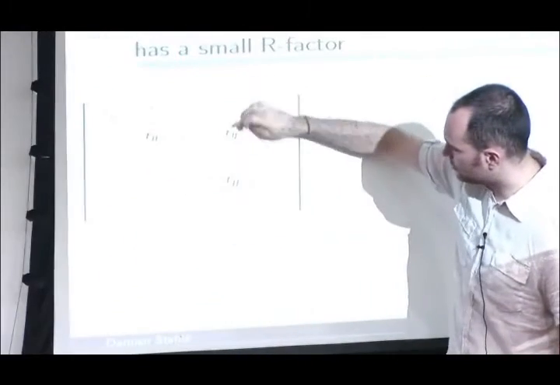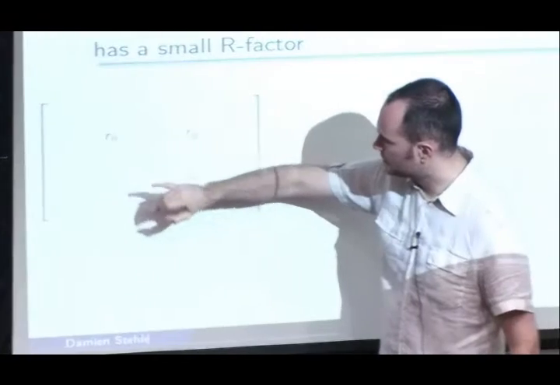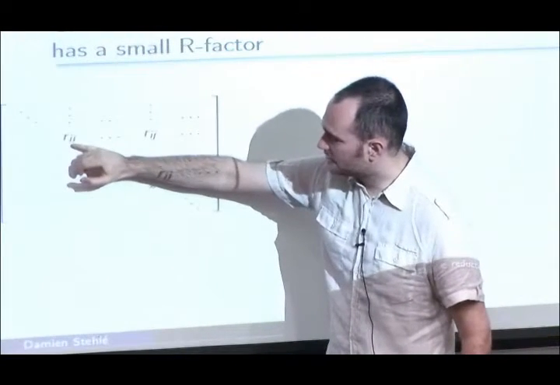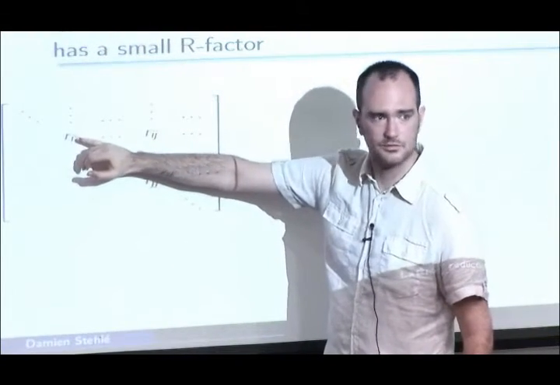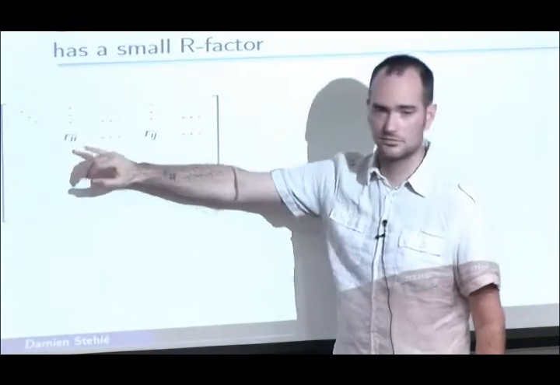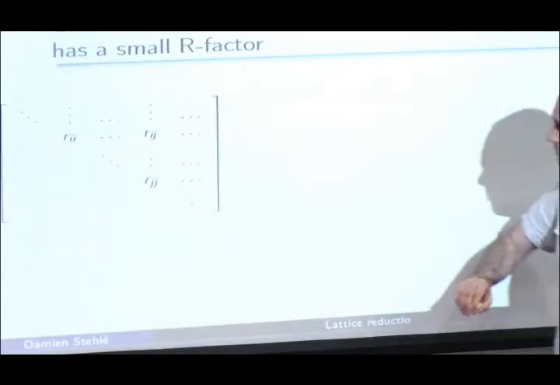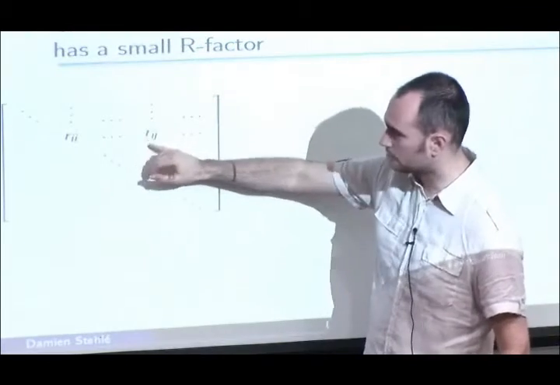Okay, so let's look at R. In this R, I have a diagonal and off-diagonal coefficients. Let's say I want to make this one small. If I was allowed any transformations, I would do this column minus this column divided by Rii times Rij. The effect of this would be to make this term 0.